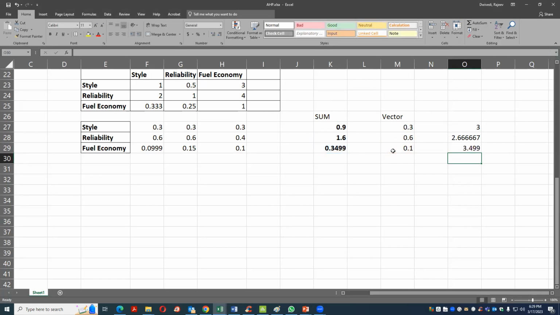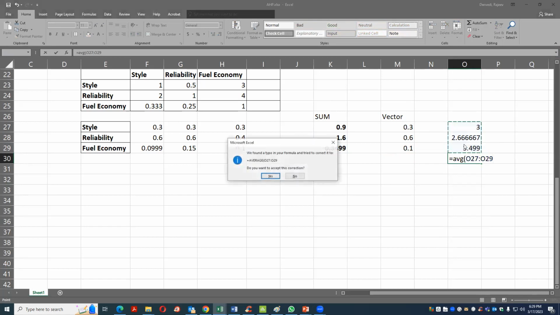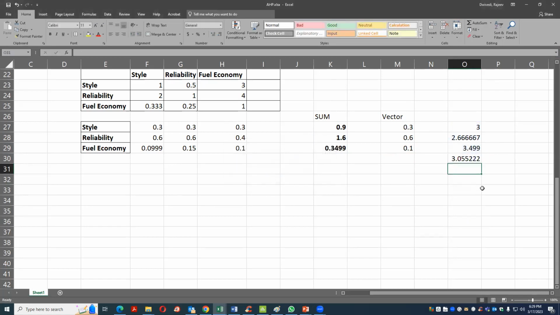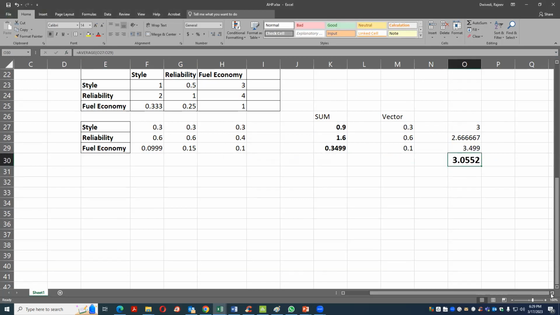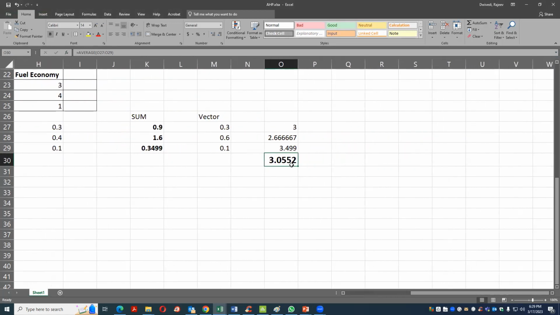And then we are going to do the average. So we got this, our lambda max. Let me make it smaller. Now we got the lambda max.